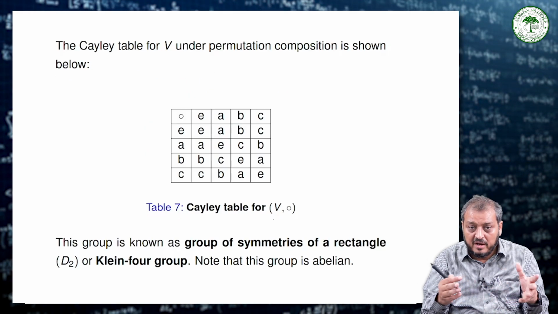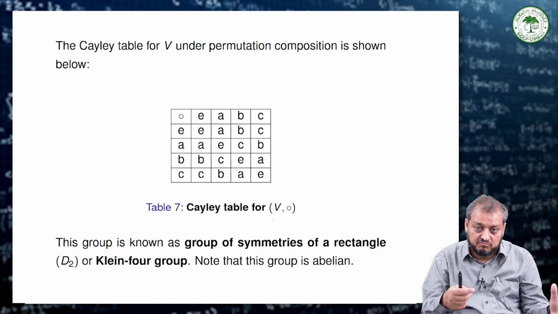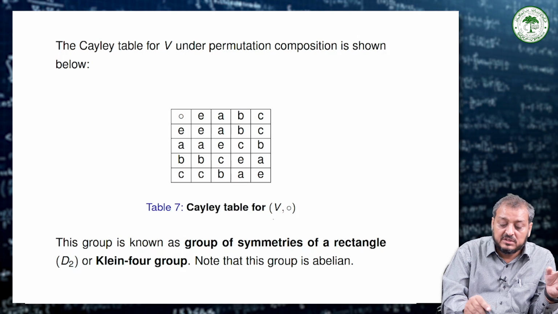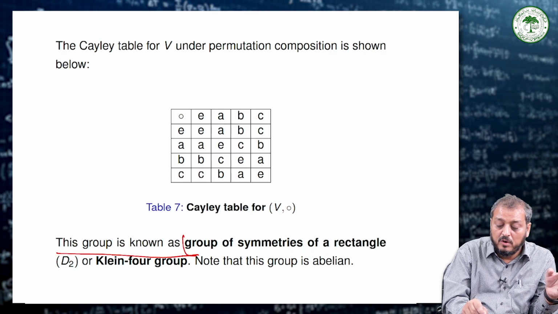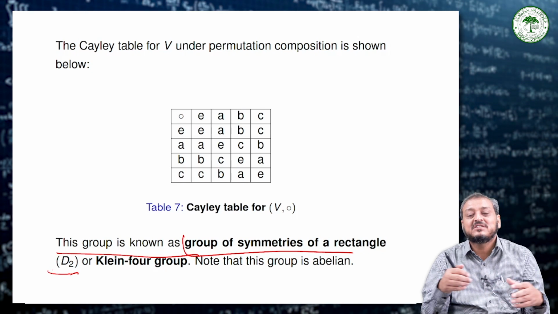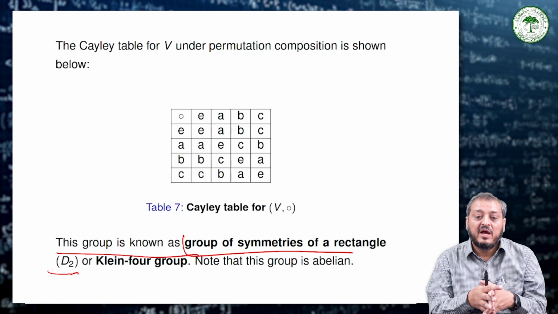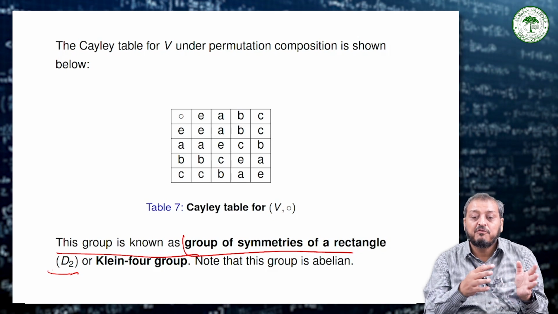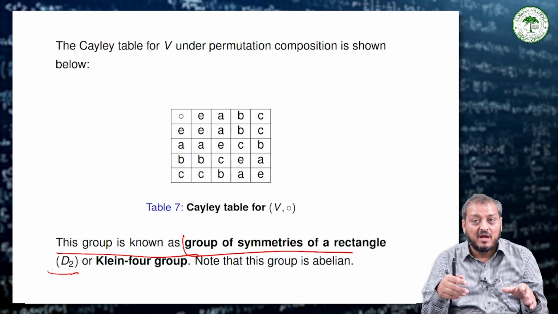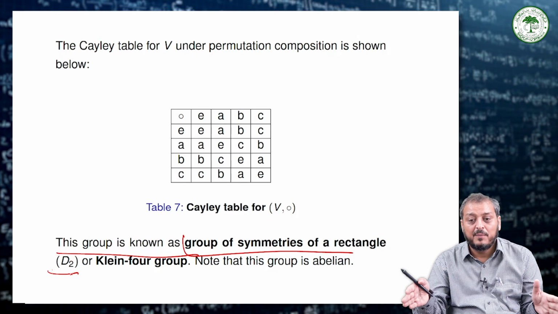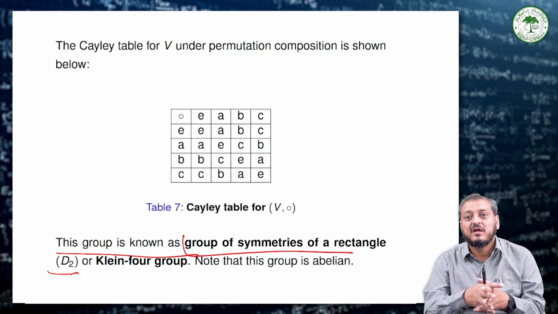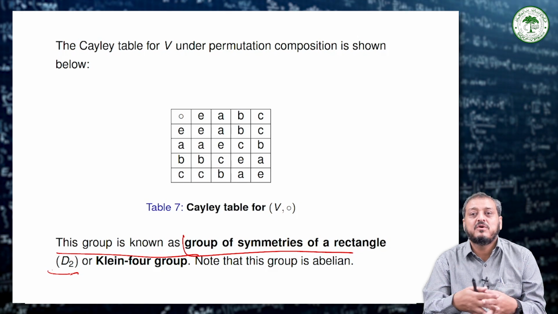The Cayley table for V under the permutations is shown here. This group is known as the group of symmetries of a rectangle, D2, which we already discussed previously. It is called the Klein 4 group, and note that this group is abelian, because every group of order less than or equal to 6 is abelian. The first non-abelian group has order 6.